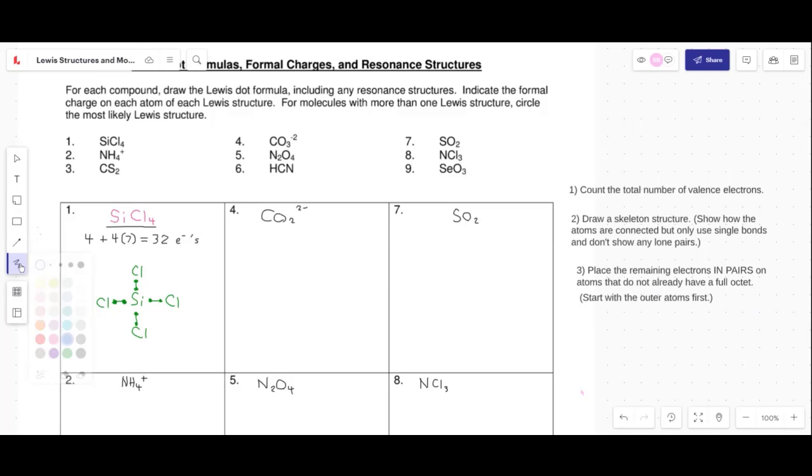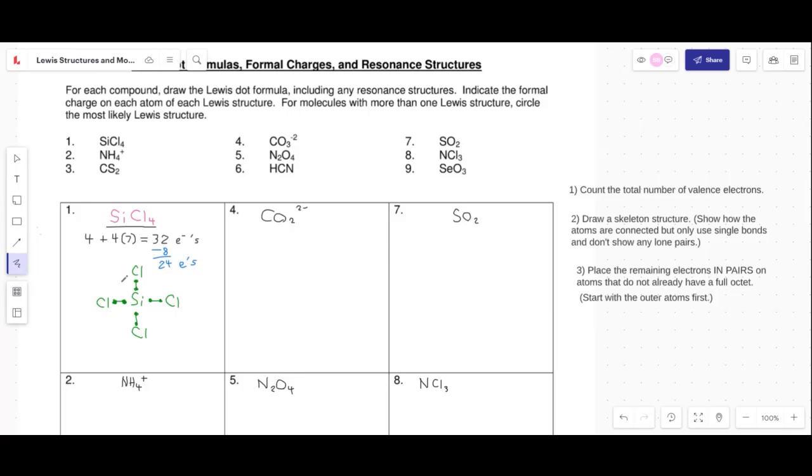In this case, how many valence electrons have I used up in my skeleton structure? What do you think? 8. Yep. So if I subtract 8 from 32, that's going to leave me with 24 electrons, right?